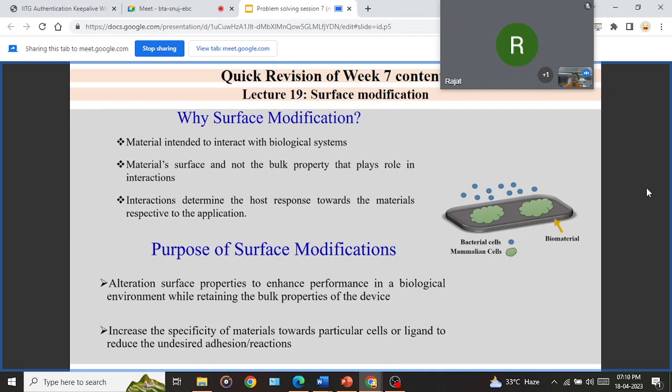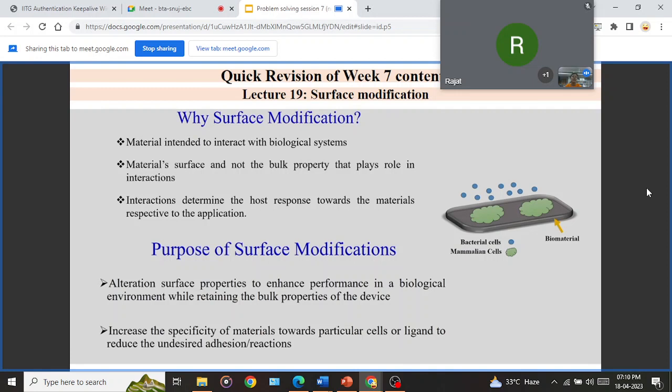Basically, these biomaterials are intended to interact with the biological systems, and we want the desired functions, right? It is the material surface and not the bulk property which plays the role in the interaction.